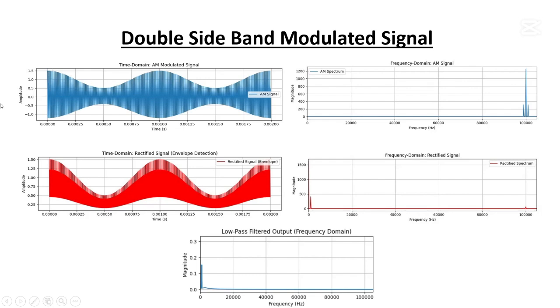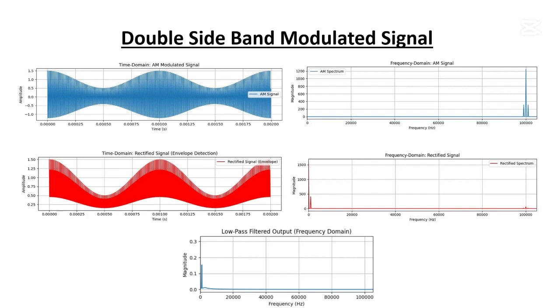This is the time domain wave of an AM double sideband. This is an AM double sideband modulated signal, and it looks like this. In the frequency domain, it looks like this. You know that in double sideband we will have the carrier signal, the upper sideband, and the lower sideband.